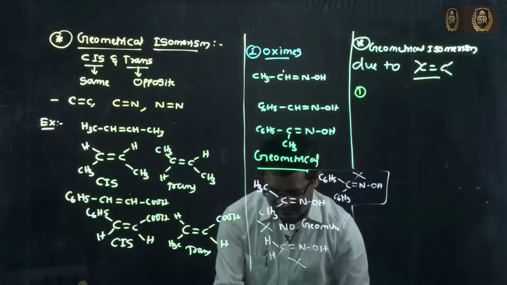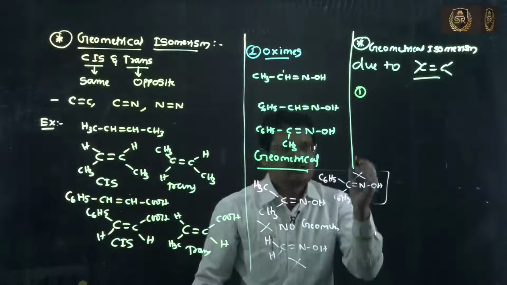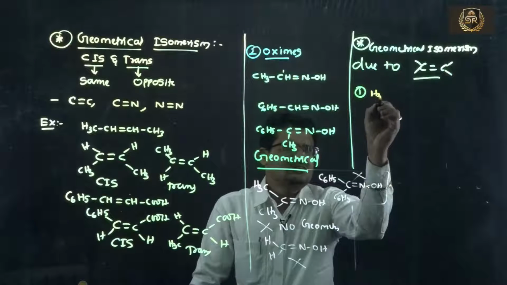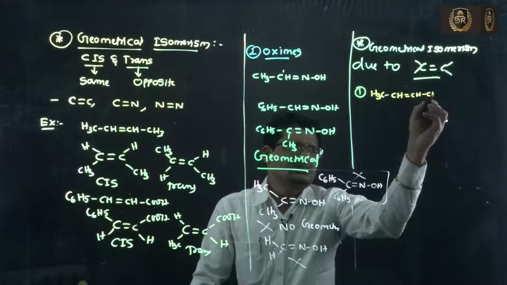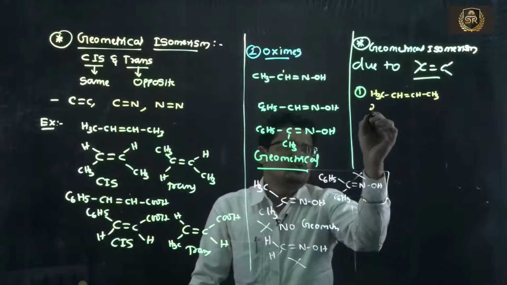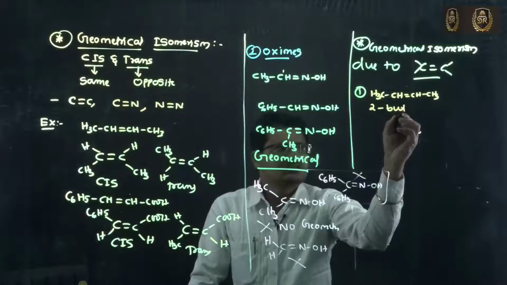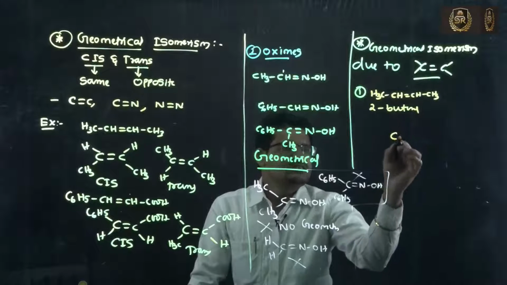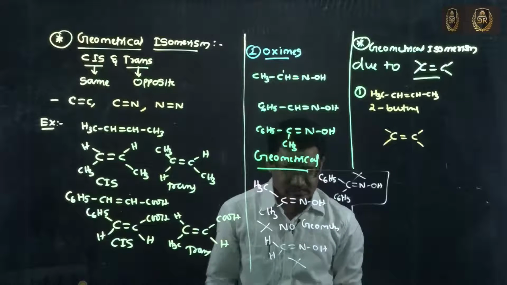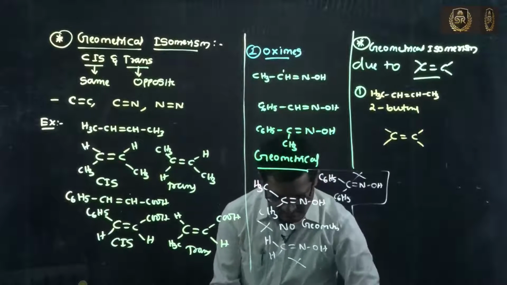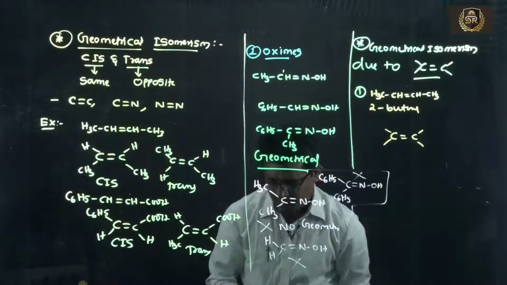One is cis-2-butene, which we already discussed: CH3 CH double bond CH single bond CH3. This is 2-butene. On C double bond C, four groups are there.